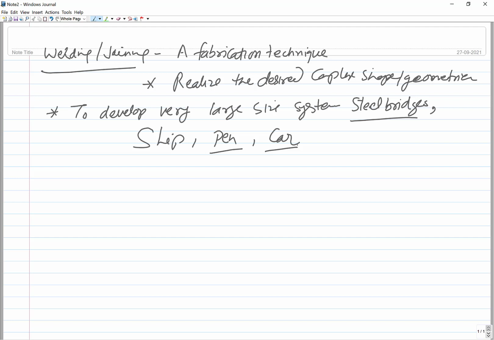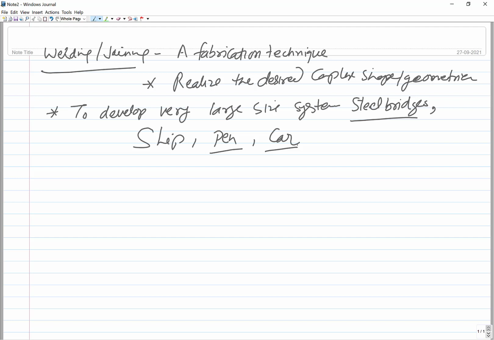And that is why you need not just to join similar types of metal. Sometimes you need to join dissimilar metals like aluminum and steel, or steel with titanium, or aluminum with copper, but you also have to join different materials. Aluminum is to be joined with plastics, where one is metallic and another is non-metallic.